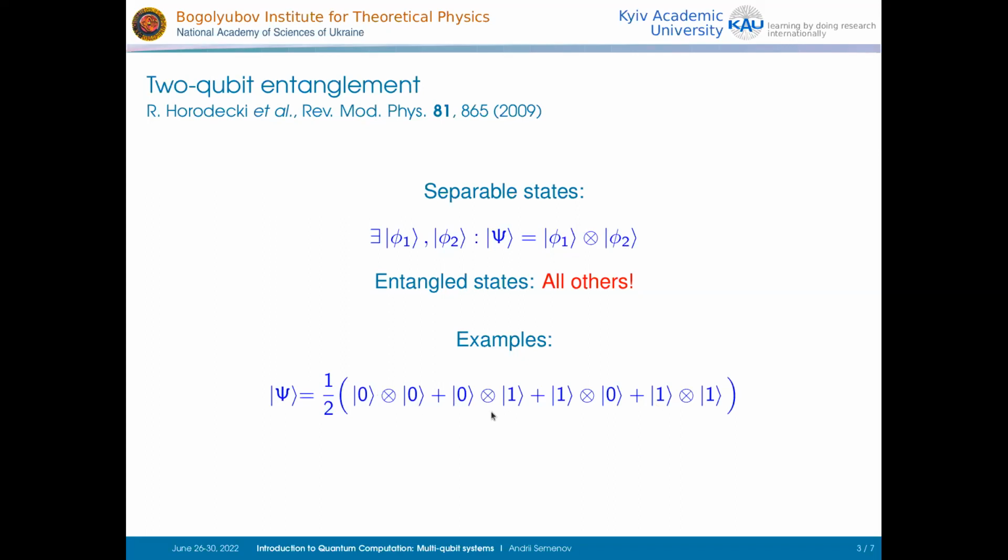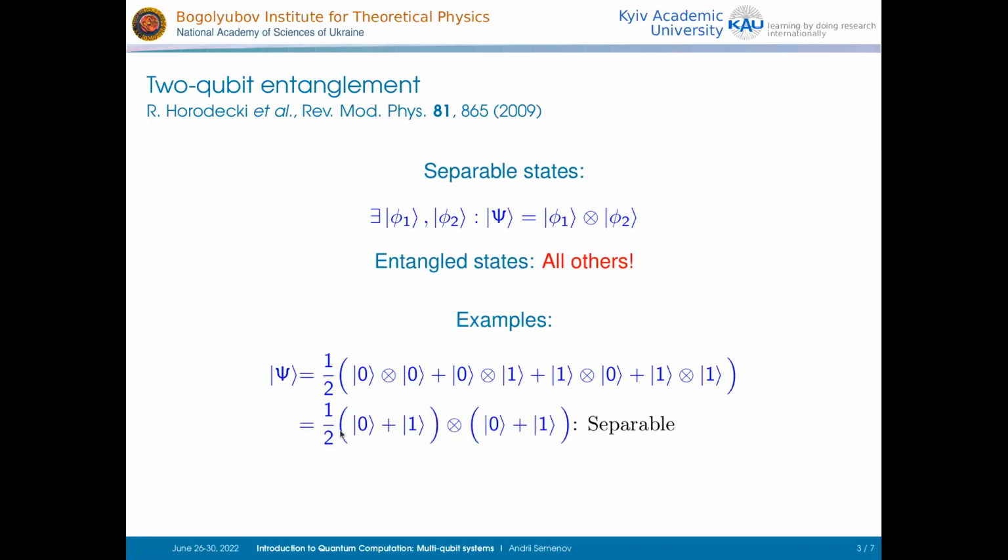But when we look at this more attentively, we can use school algebra and write it like this. So we have found two states and understand that this is separable, since it can be presented in such a form, with this as phi1 and this as phi2.